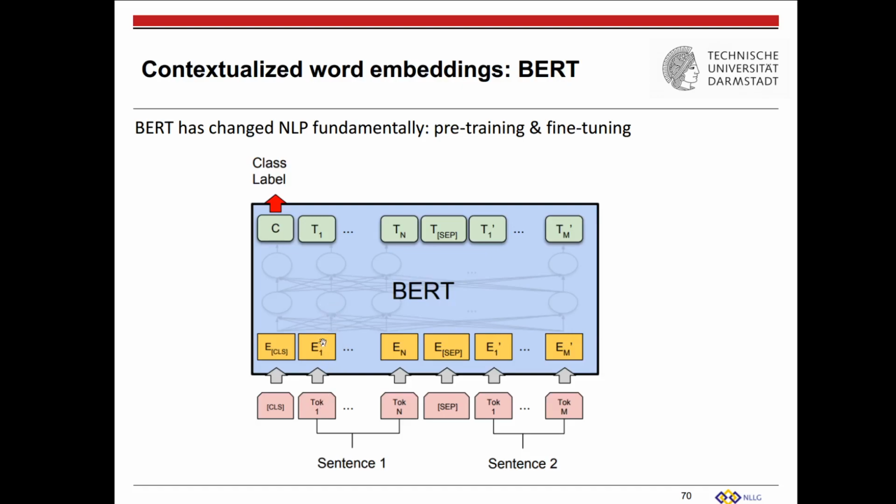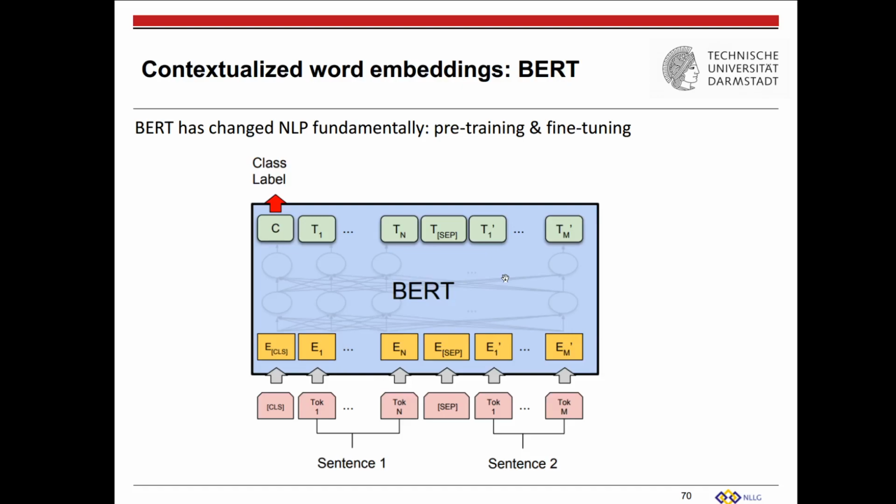And for each token, we get several contextualized representations. But then what BERT is doing, it's not using these contextualized representations. It's not pulling them out of the neural architecture and then using them in some other model.